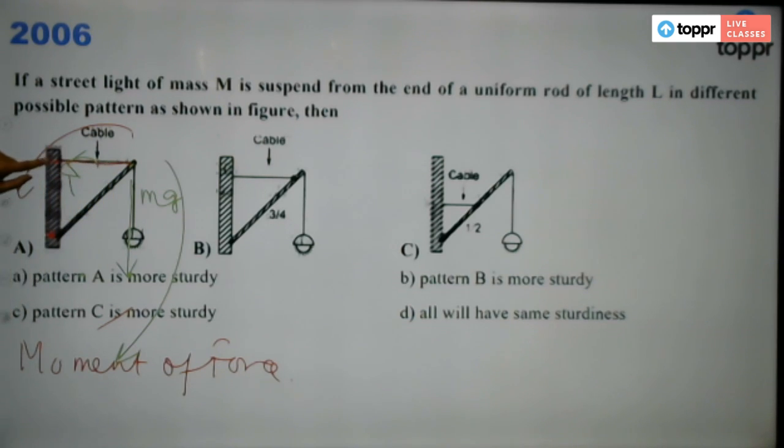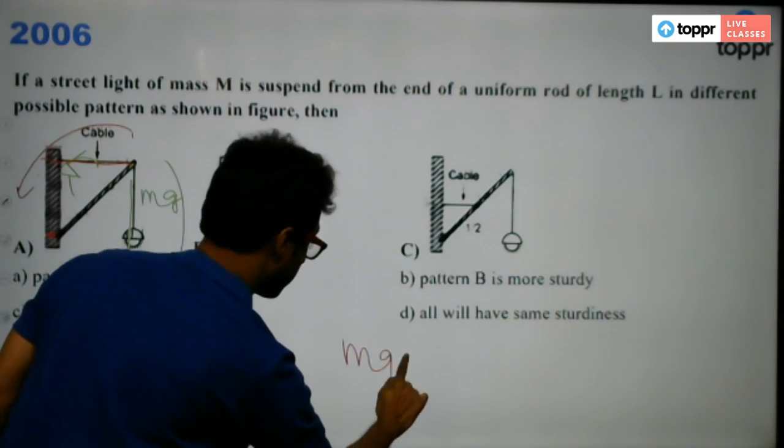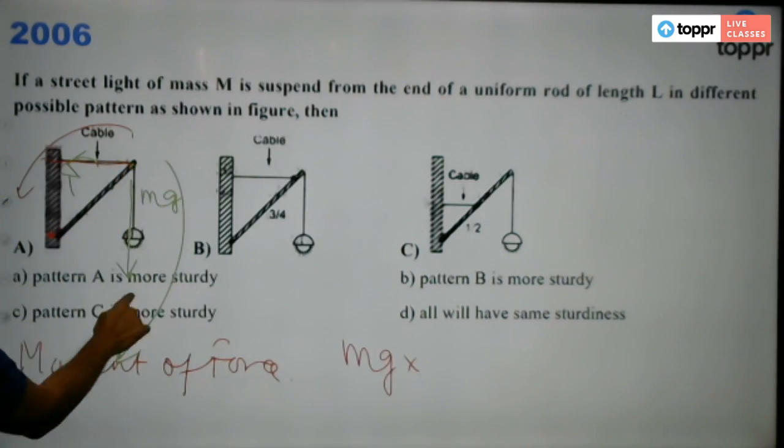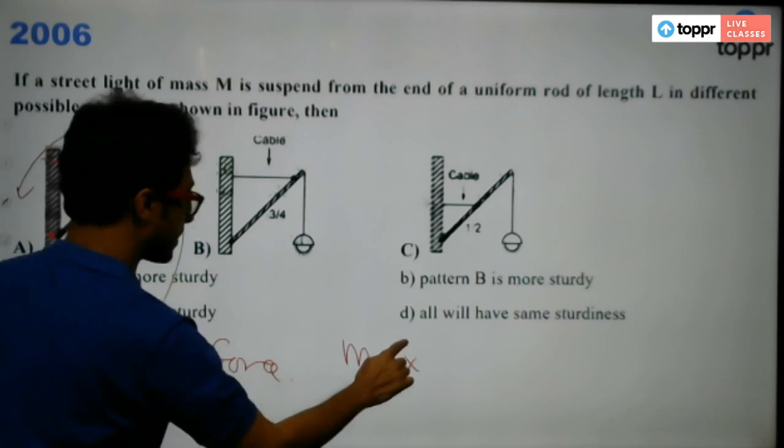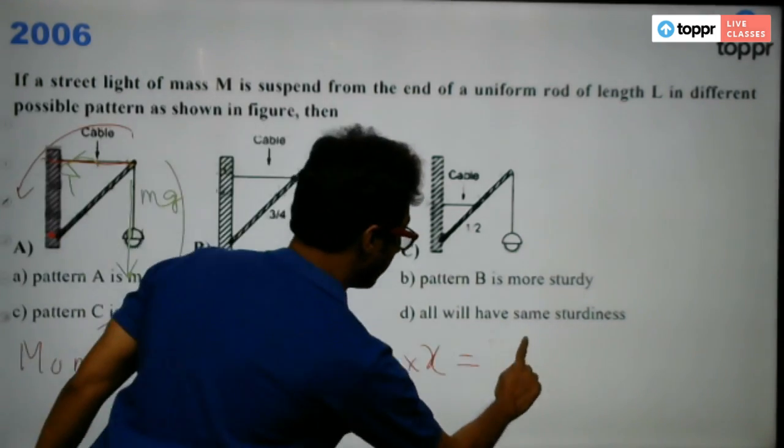So mg, say this is x, mg into x will be equal to the tension.